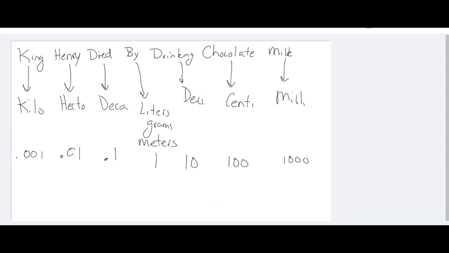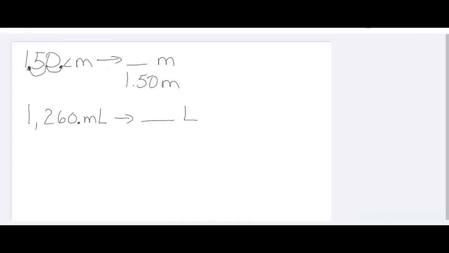We start off at the milliliters mark right here, and we need to get to liters. So we need to hop 1, 2, 3 places to get to liters. So if we go back here, we would do the exact same thing. We would hop once, twice, 3 times to the left, and we would end up with 1.260 liters.